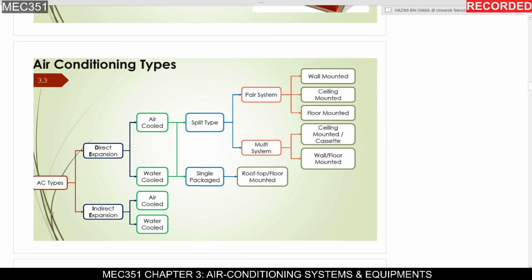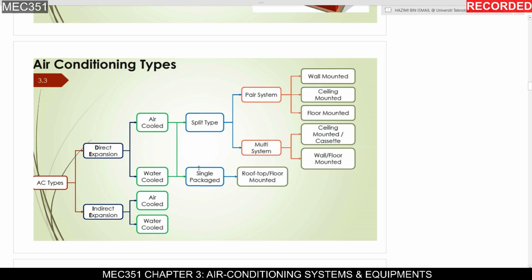So this is the chart to help you understand the categorization of the aircon system. First, we divide into two types, direct and indirect, and then it depends on the cooling medium. If you use air cooling, we call it air cooled, and there is also water cooled. The split unit system is the common aircon type that we use in residential houses, like our home.